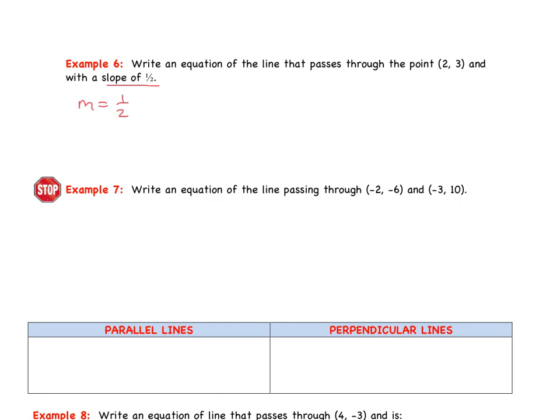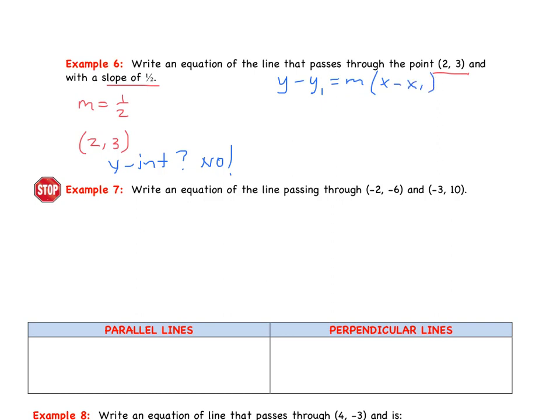We're also given a point, (2, 3). Now, the only thing we have to ask is, is this our y-intercept? The answer, hopefully you recognize, is no, it's not our y-intercept. So we're going to use point-slope form. Reminder: y minus y1 equals m times (x minus x1).